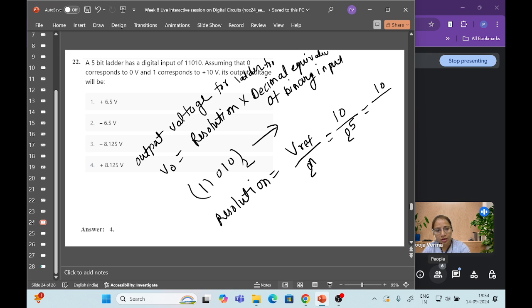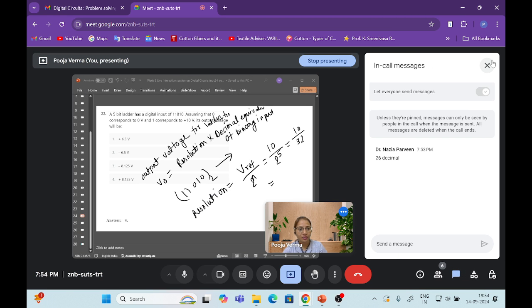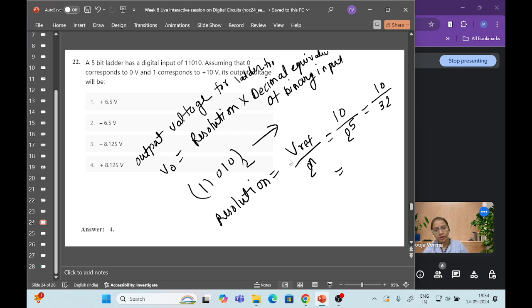So 10 by 32. Someone has answered, the decimal equivalent is 26. And the value of 10 by 32, if you calculate it, is 0.3125.